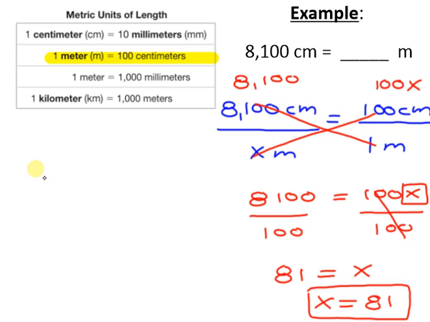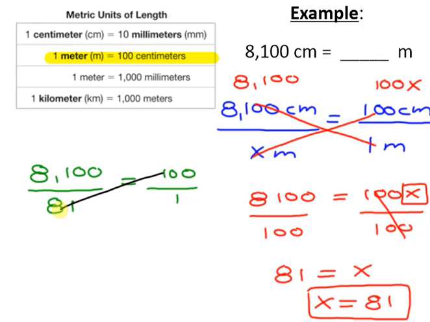And then let's go ahead and check the proportion. 8,100 over 81 equals 100 over 1. So 81 times 100 is 8,100, and 8,100 times 1 is 8,100. So that checks out. So 8,100 centimeters equals 81 meters.